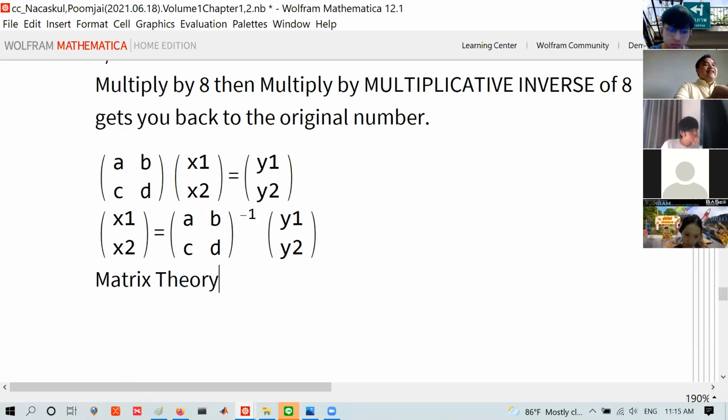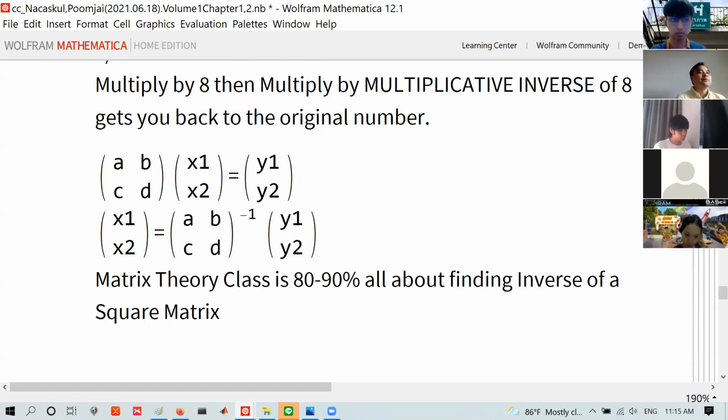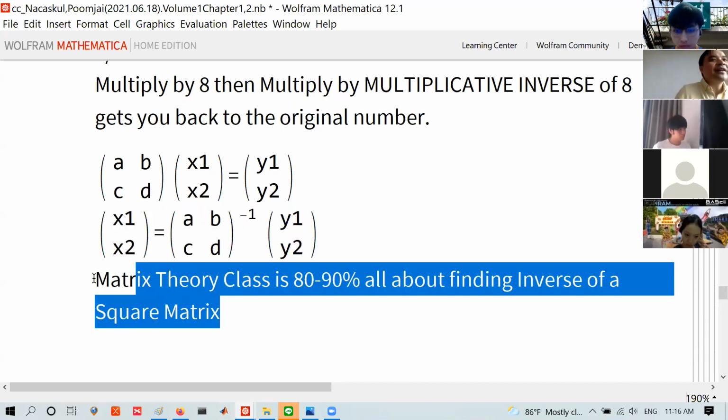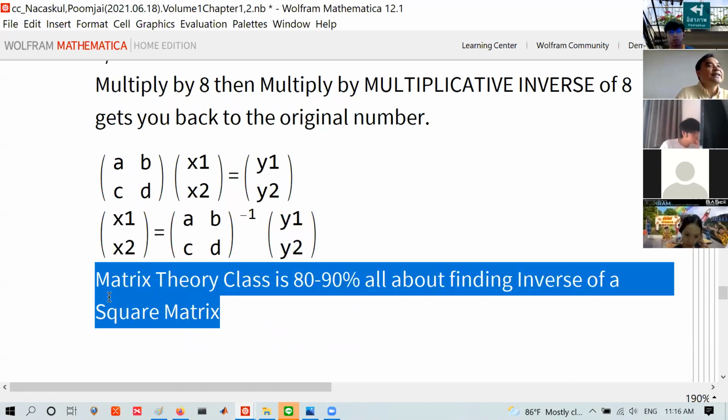Matrix theory class is all about finding the inverse of a square matrix. By the way, a matrix doesn't have to be square, right? You saw that in your data set. So matrix theory class is all about finding the inverse.